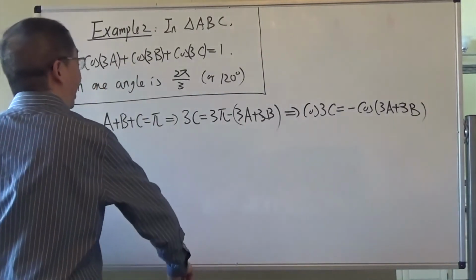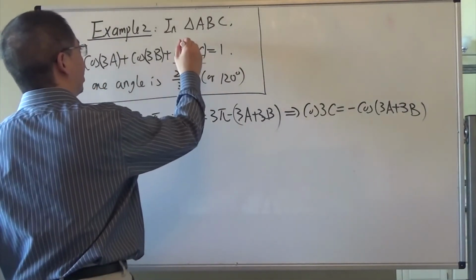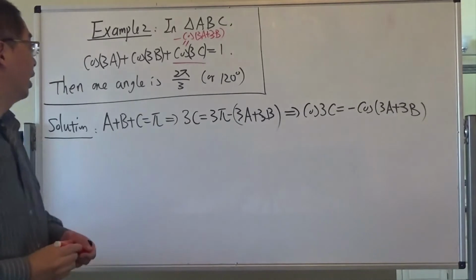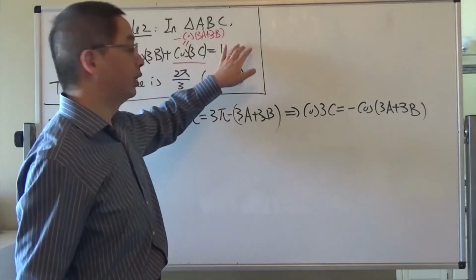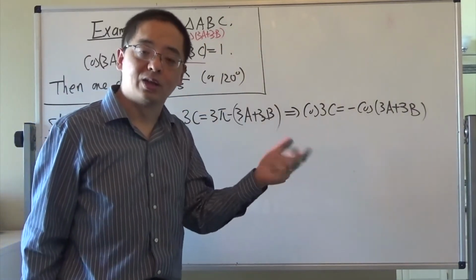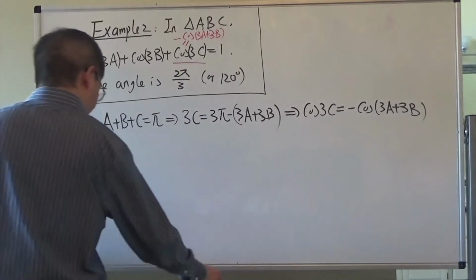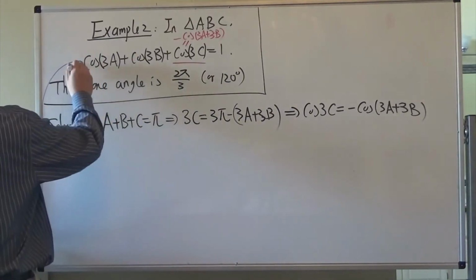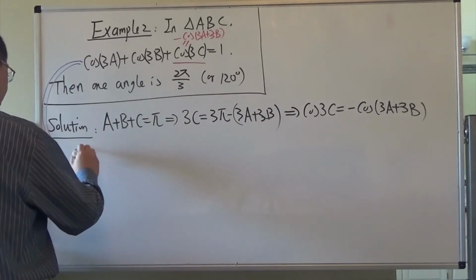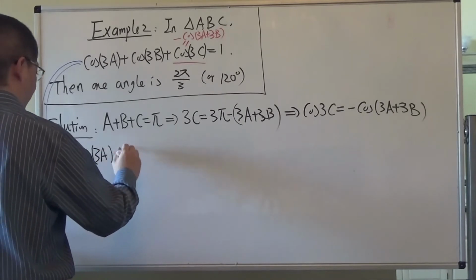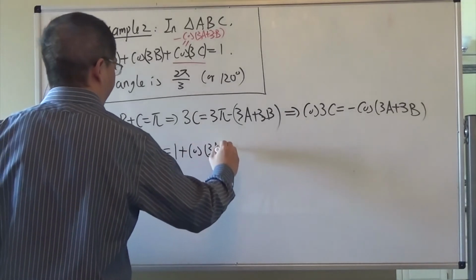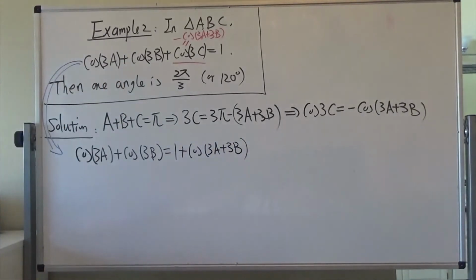So I can move this term to the right hand side, and this will reduce the trigonometric equation to just 2 unknowns, A and B. So from here we deduce the equation: cosine 3A plus cosine 3B equals 1 plus cosine of 3A plus 3B.